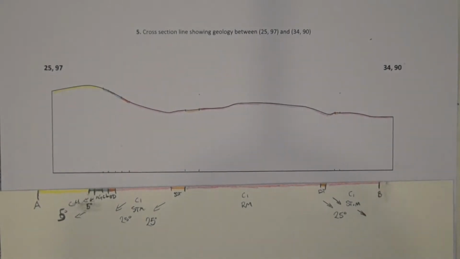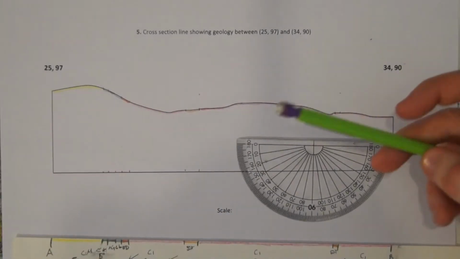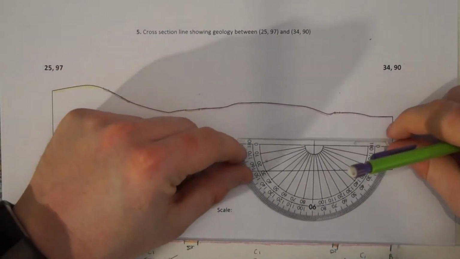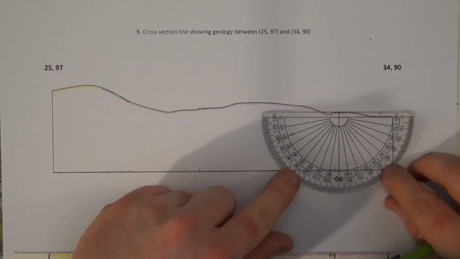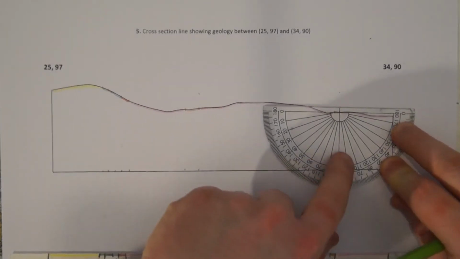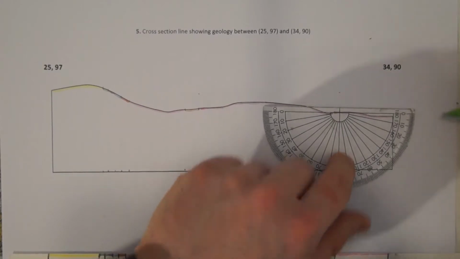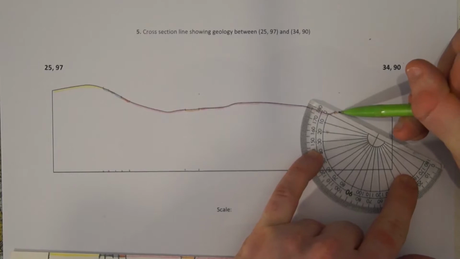Okay, now this next bit is going to require me to make some mistakes and then rub them out. So it's always handy to have one of these pencils that's got a rubber on the end. So, let's start with the easy part of our cross section first. Let's go to this intervening sandstone bed that's dipping at 25 degrees towards the southeast.